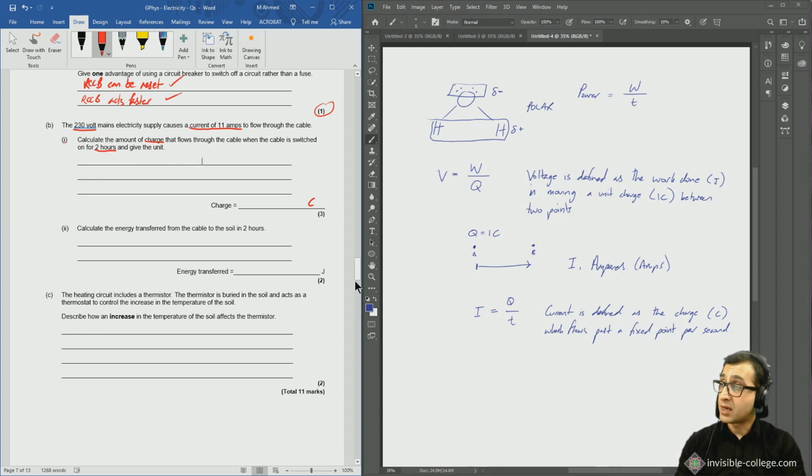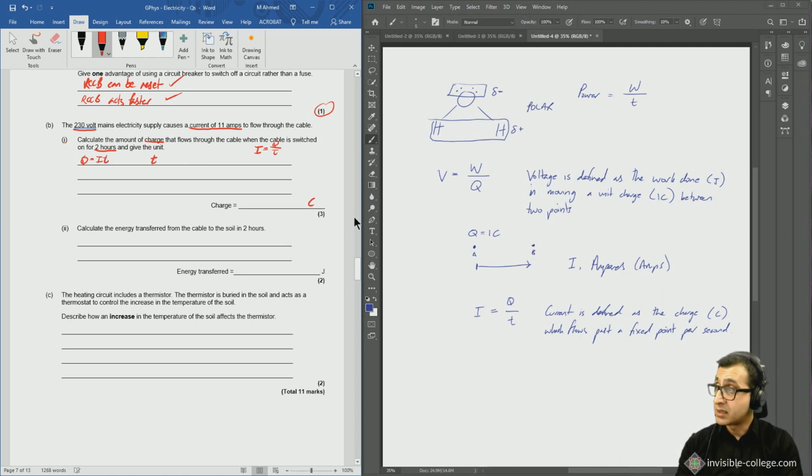The current is defined, as we see here, as the charge per unit of time, Q over T. We're trying to calculate charge in coulombs, and charge is Q. So we need to rearrange this equation to make Q the subject. We would rearrange it by multiplying both sides by T to get rid of this T, so we can write the equation for the examiner straight away. Q, charge, is equal to the current I multiplied by T, the time in seconds.